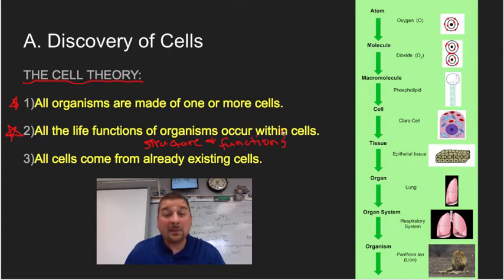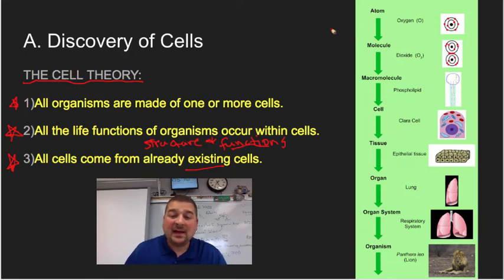So we are made up of cells, and all our metabolic processes, digestion, nerve impulses, muscle contractions for movement, are all done through different cells throughout our body, and in plants and fungi and all living things. And number three, Rudolf Virchow said all cells come from already existing cells. So life gives rise to life, and cells come from other cells.